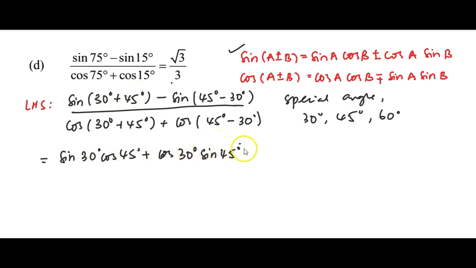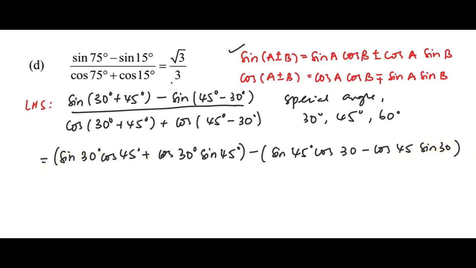And for the second compound angle, which is sin 45 minus 30, using the same formula, but the sign now becomes negative. I have sin 45 cos 30 minus cos 45 sin 30.